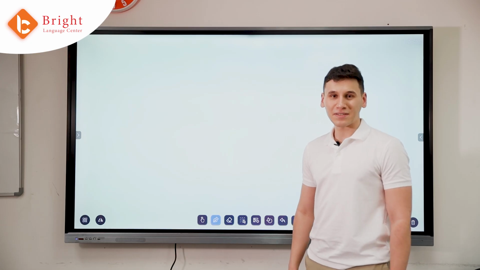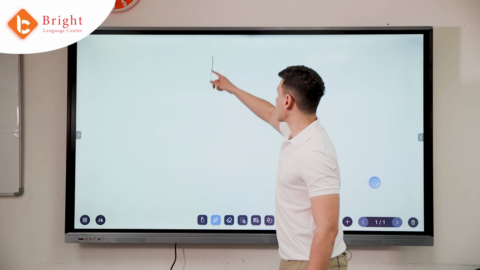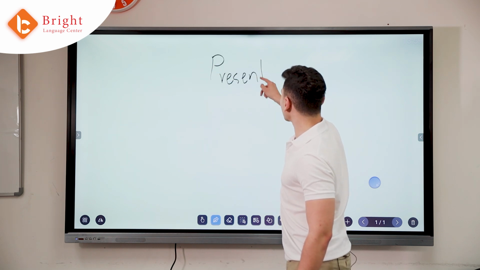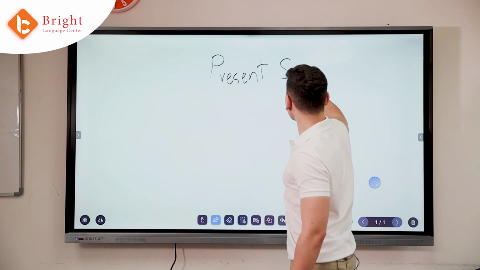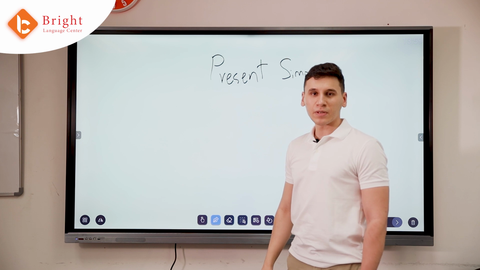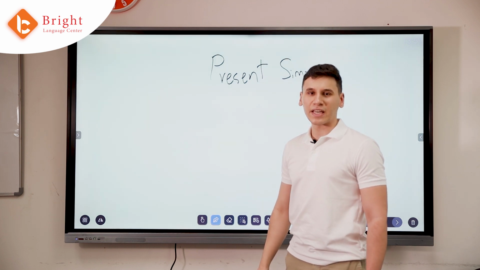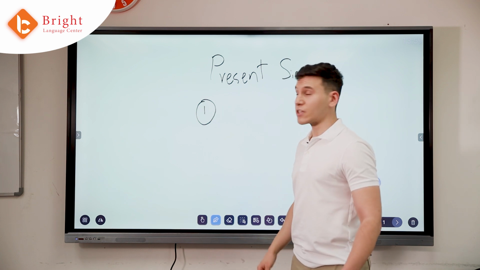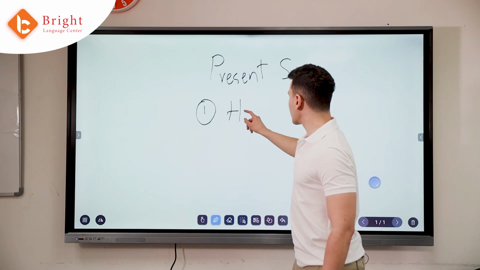Welcome to our grammar class. Today we're going to be talking about the present simple. So what is the present simple? Present simple is a tense in the English language that we use to describe three different situations. The first situation being habits.